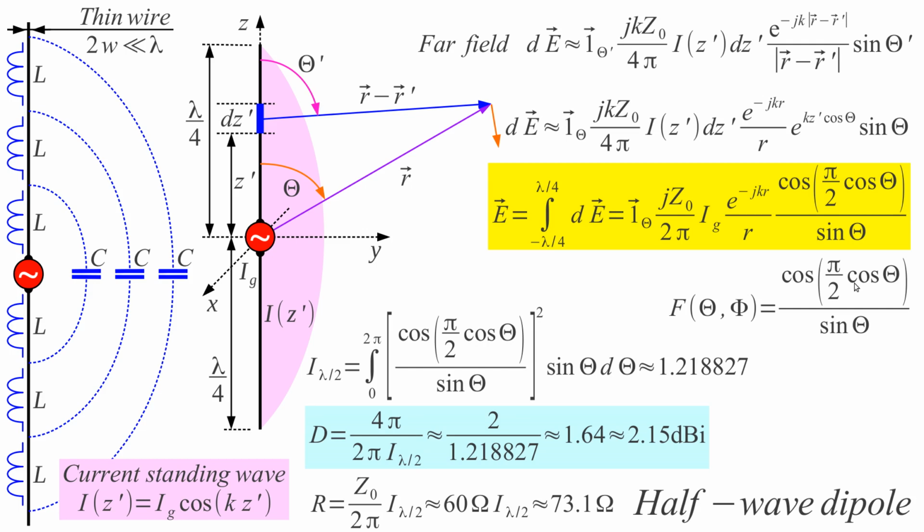But I have to make accurate calculations, so I have to calculate the directivity. For the directivity, I should integrate the square of this one, and I should get this integral.